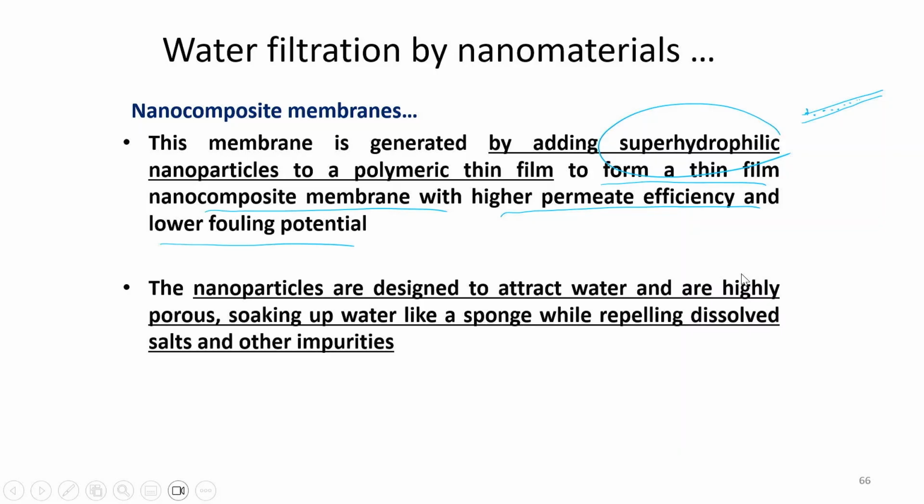The nanoparticles are designed to attract water and are highly porous. So, they are designed in such a fashion, soaking up water like a sponge while repelling dissolved salt and other impurities.